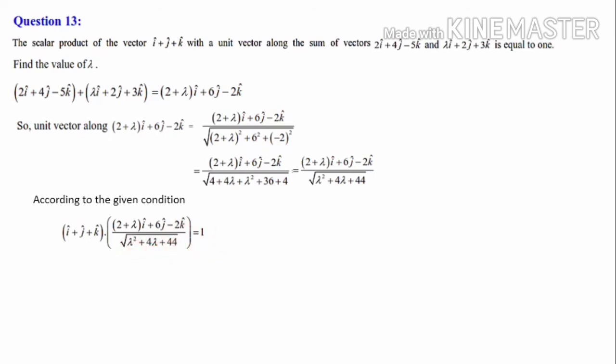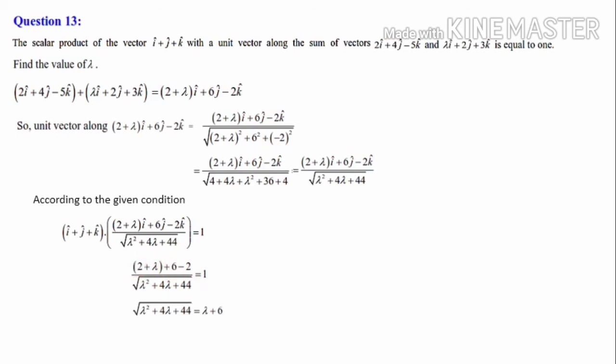Go for calculation. Dot product in the sense just multiply the components, here 1, here 2 plus lambda, so 1 into (2 plus lambda) is 2 plus lambda, with j cap here is 6, so 1 into 6 is 6, with k cap is 1 and here minus 2, so 1 into minus 2, divided by this modulus, we can keep it as it is, equal to 1.